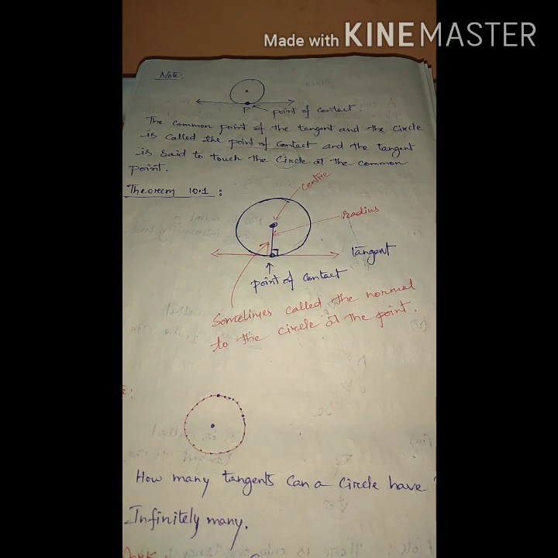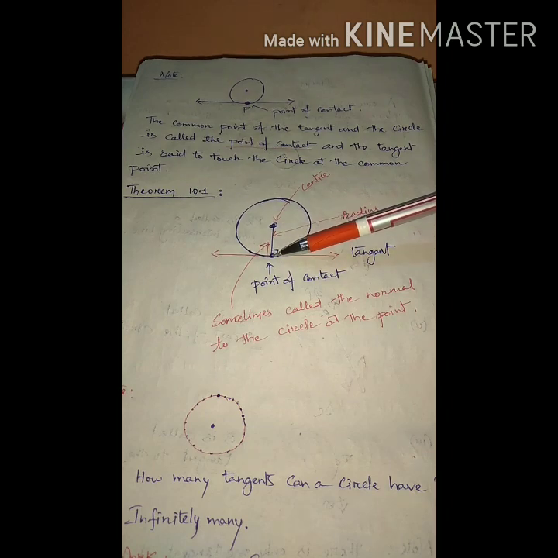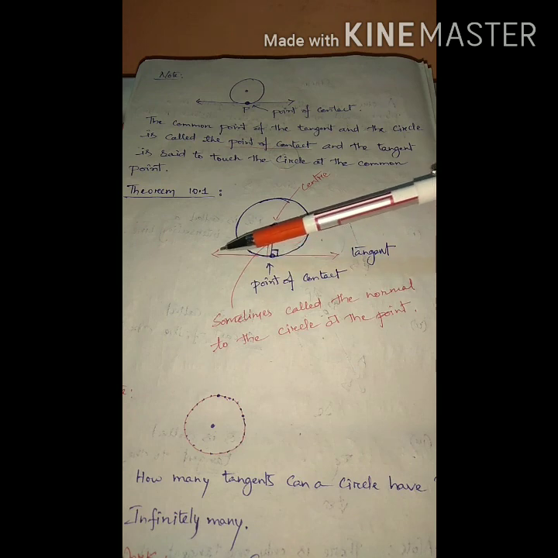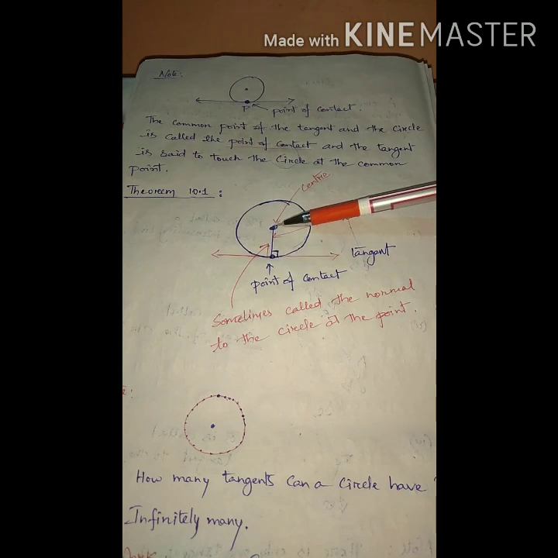Now in this case, you see we consider a circle with this center, and here we consider one point at this place, and one straight line passes through this point, that means touching this point. So obviously this point, as we already know, is known as the point of contact. Is it clear? And this point is the center.